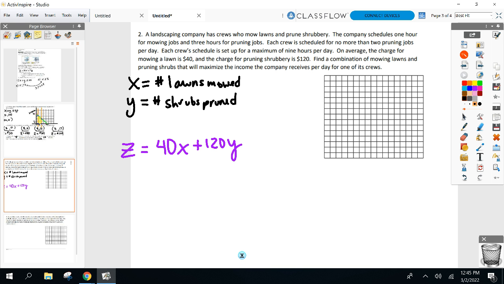It's going to take 1 hour to mow and 3 hours to prune. Each crew, no more than 2 prunings a day.